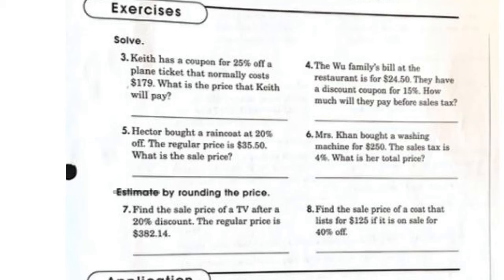Well, I'm going to take $179 and I'm going to multiply that by 25%. And I get an answer of $44.75. Now that's my discount.